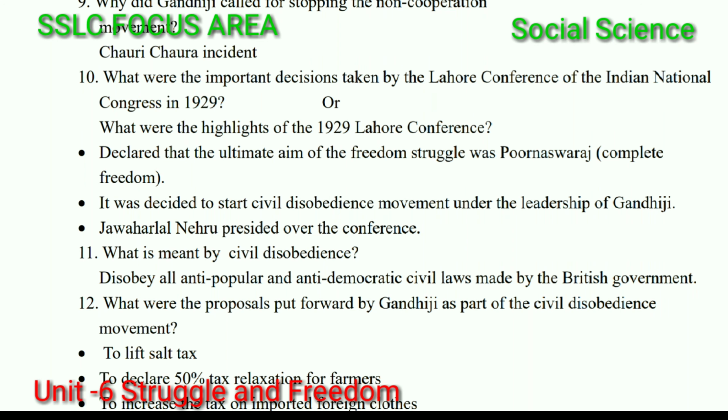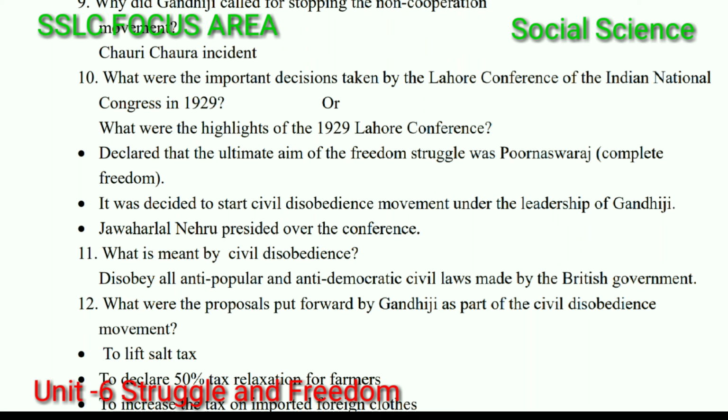It was decided to start the civil disobedience movement under the leadership of Gandhiji. Jawaharlal Nehru presided over the conference. These were the important decisions taken by the Lahore Conference of the Indian National Congress in 1929.